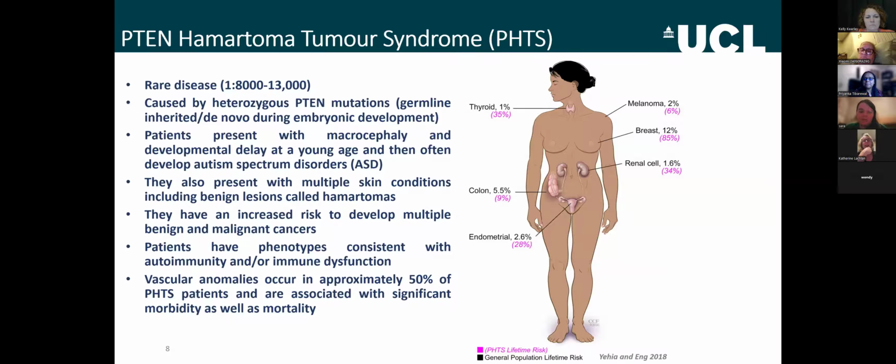That's really common in little children anyway. But the people I've started referring to the immunologists are a bit older and still requiring antibiotics quite often, and we don't quite know why.